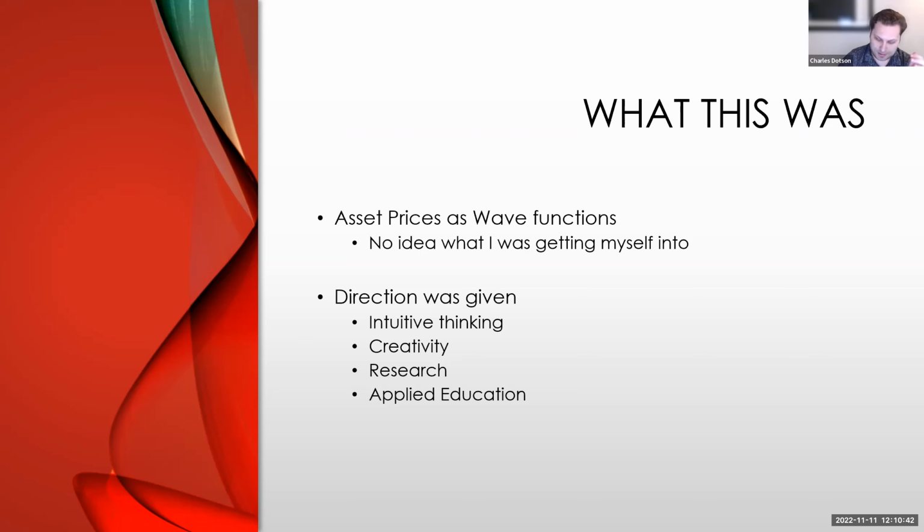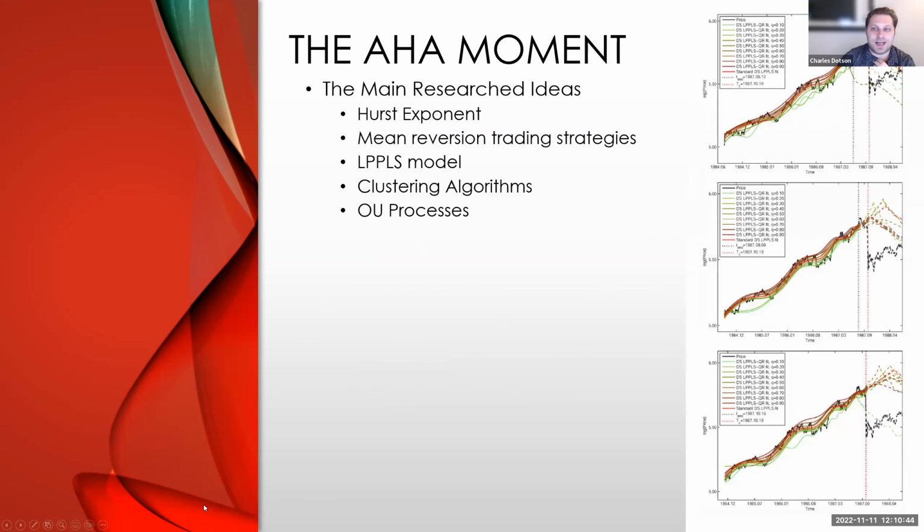And then as we moved along, there was an aha moment. This is from one of the papers to do with the LPPLS model. These were the main research ideas that I deal with: the Hurst exponent, mean reversion trading strategies, the LPPLS model, clustering algorithms, and OU processes.